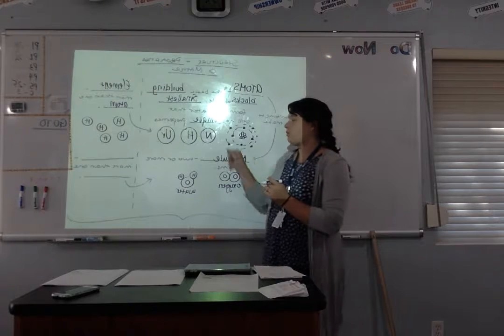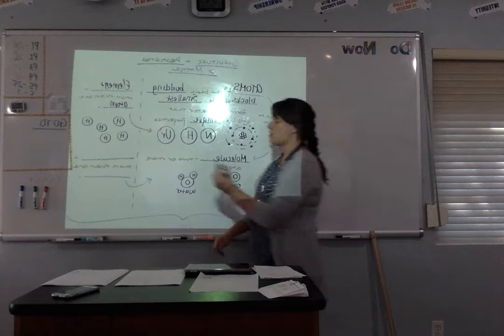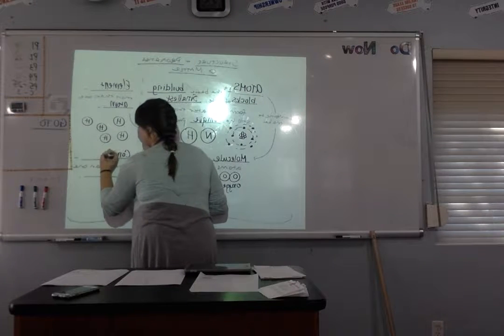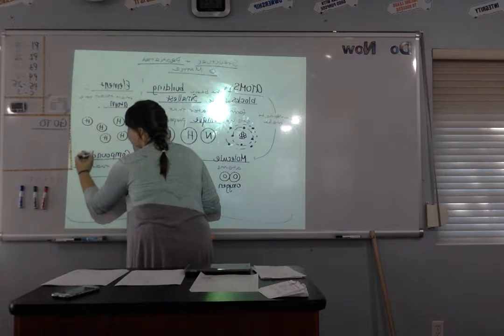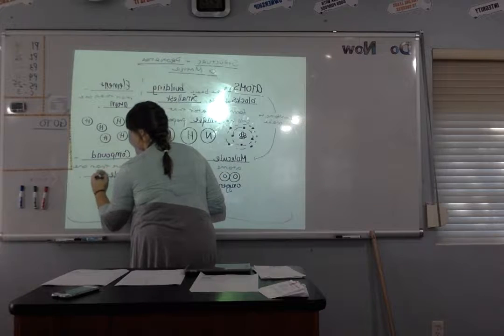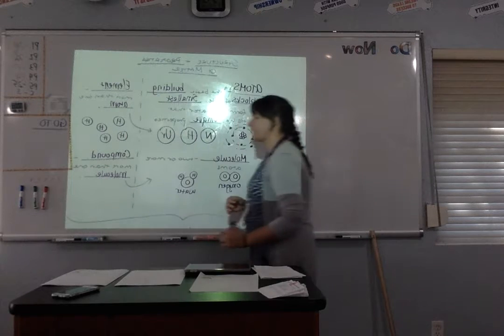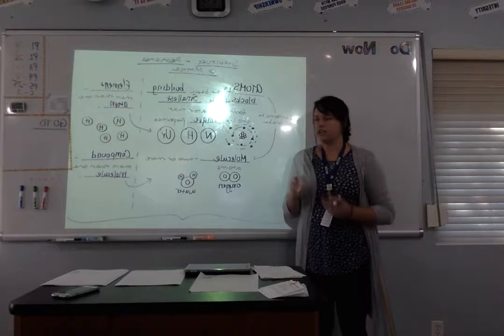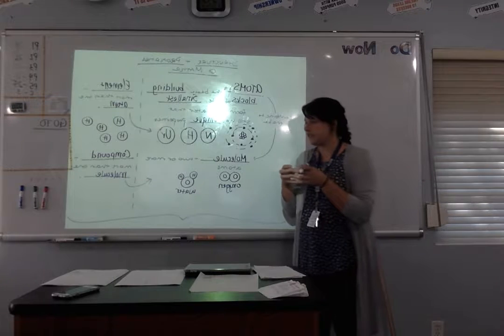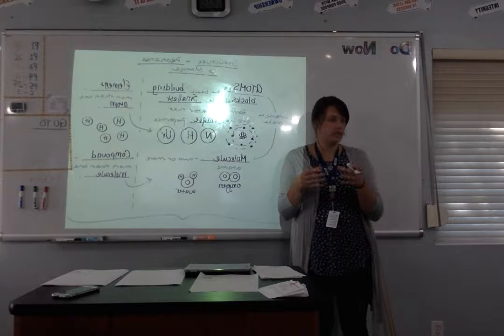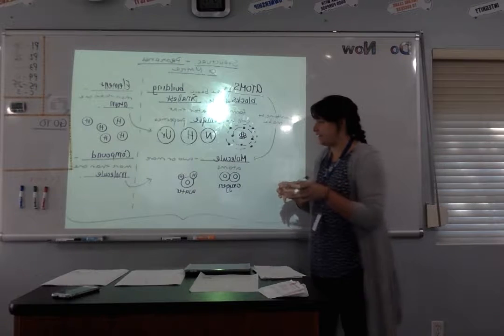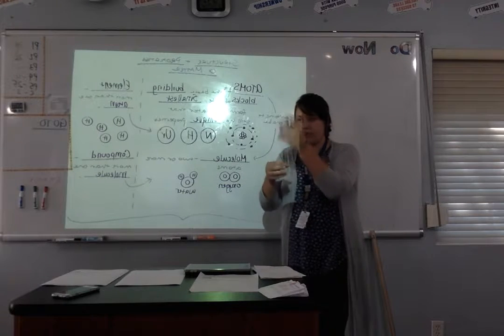Now, if we have more than one molecule, we have something called a compound. Okay. So if you had a bottle of water, there's some in the classroom, but not around nearby that I can see. That is a compound because you can see the water.